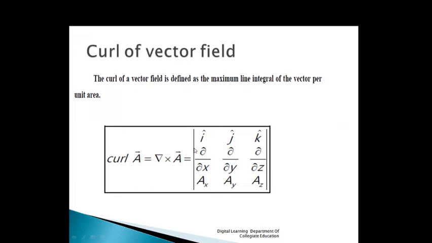Therefore, it can be written in the determinant form: i cap, j cap, k cap, ∂/∂x, ∂/∂y, ∂/∂z, Ax, Ay, Az. To find the i cap component, we neglect the first row and column terms and differentiate: ∂Az/∂y minus ∂Ay/∂z.